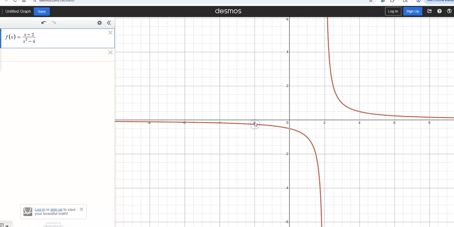And you see it said undefined, but it does not show this hole on the graph like it's supposed to. So please pay attention when you graph a function on a calculator. It's not always what you see. Sometimes you have to apply the knowledge of the properties of the function.